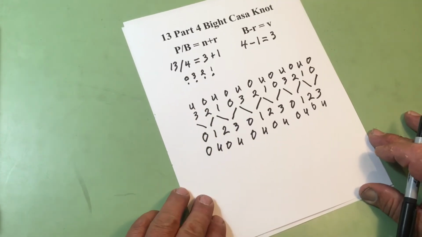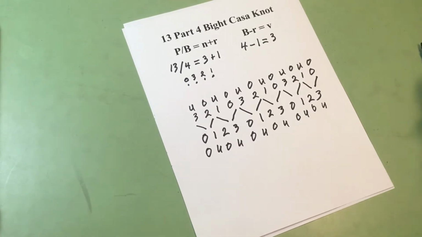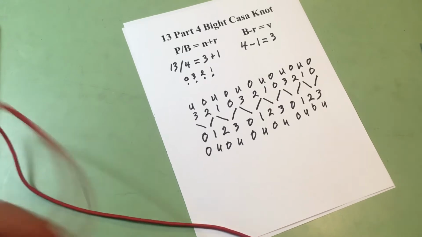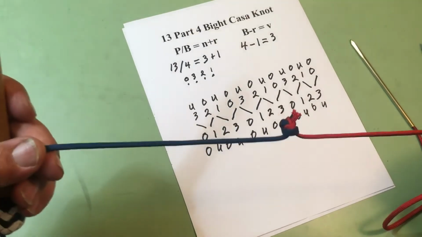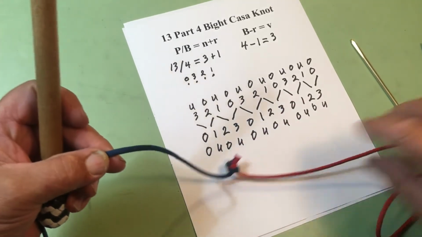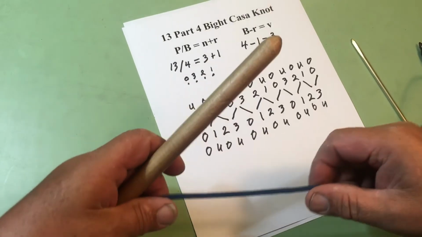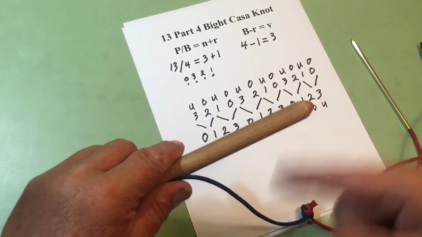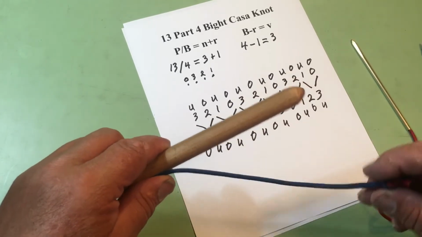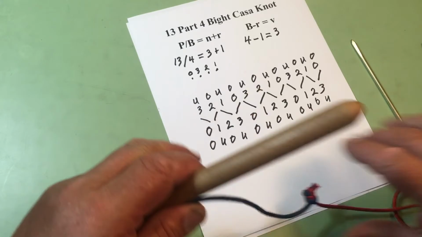Okay, we are ready to tie our knot. Get my string. And I tie a blue strand on the end of my red so that I can show you what our first half cycle is and how it is represented in the tying of the knot.